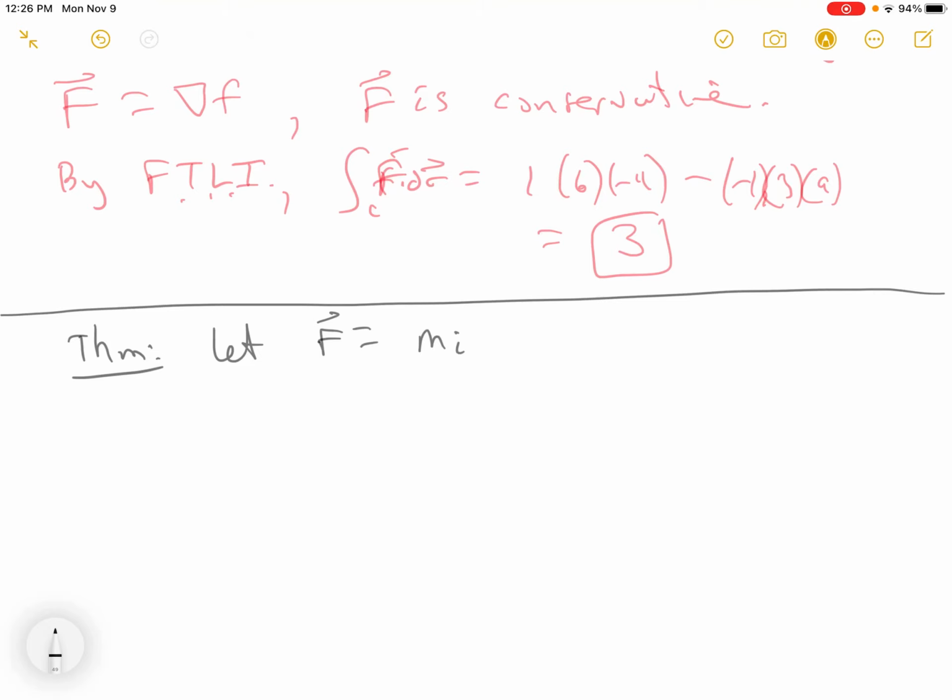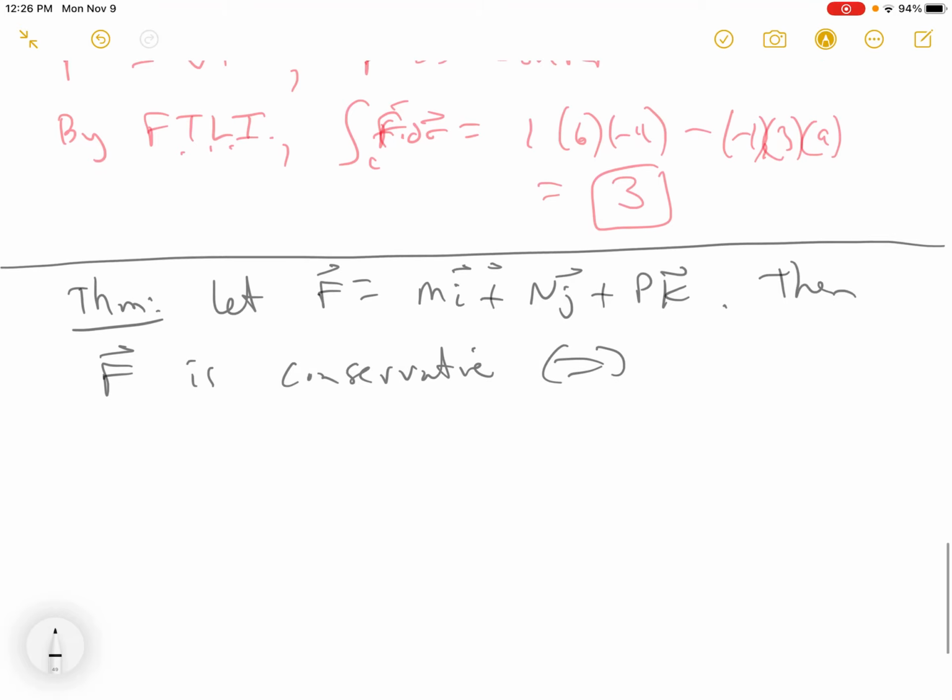Let F be Mi plus Nj plus Pk. Then F is conservative if and only if Py equals Nz, Mz equals Px, and Nx equals My.